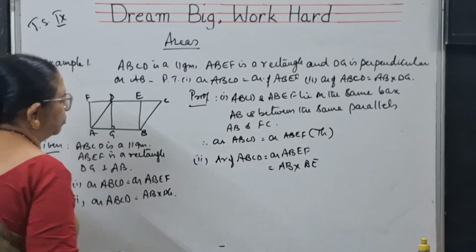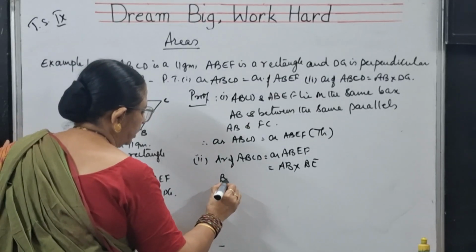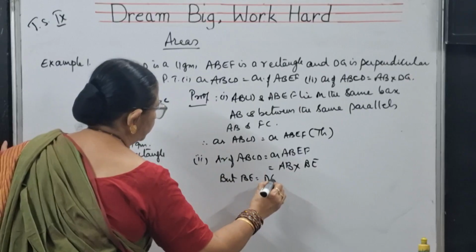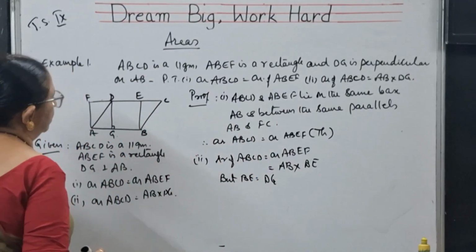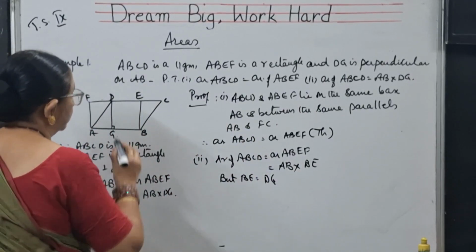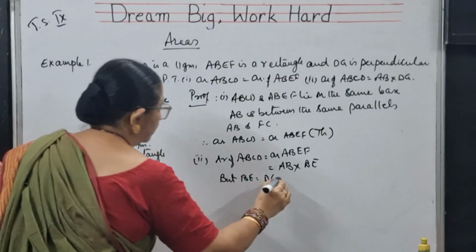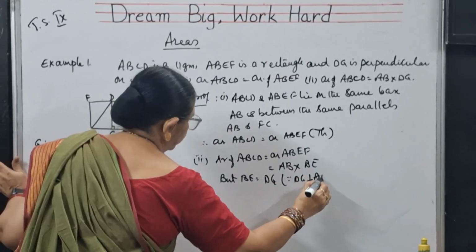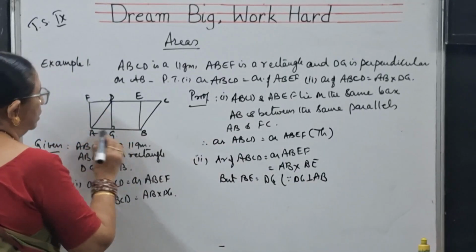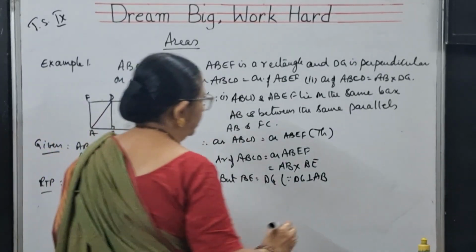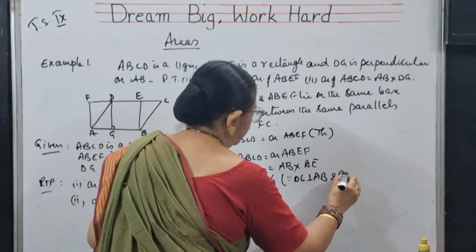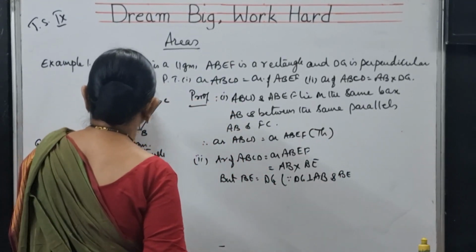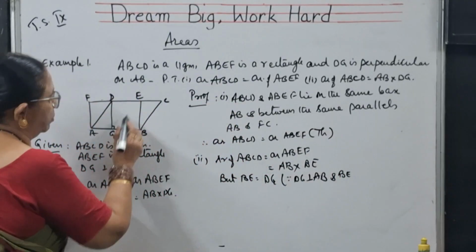So AB into BE, but BE is equal to DG. Why is BE equal to DG? Because DG is perpendicular to AB, and also ABEF is a rectangle, no? So these two are perpendicular.